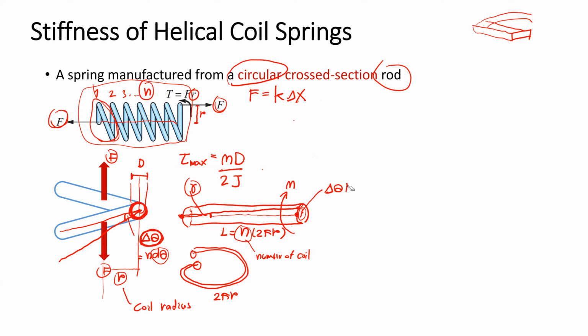The radius of the rod is the diameter of the rod divided by 2. So what we have now is the shear stress and the shear strain.